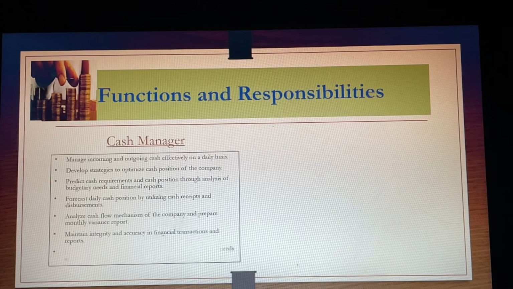The first function or role is to manage the incoming and outgoing cash effectively on a daily basis, develop strategies to optimize the cash position of the company, predict cash requirements and cash position through analysis of budgetary needs and financial reports, forecast daily cash position by utilizing cash receipts and disbursements, analyze the cash flow mechanism of the company and prepare a monthly variance report, maintain integrity and accuracy in financial transactions and reports, and develop investment and loan procedures by analyzing fund needs and surplus funds.